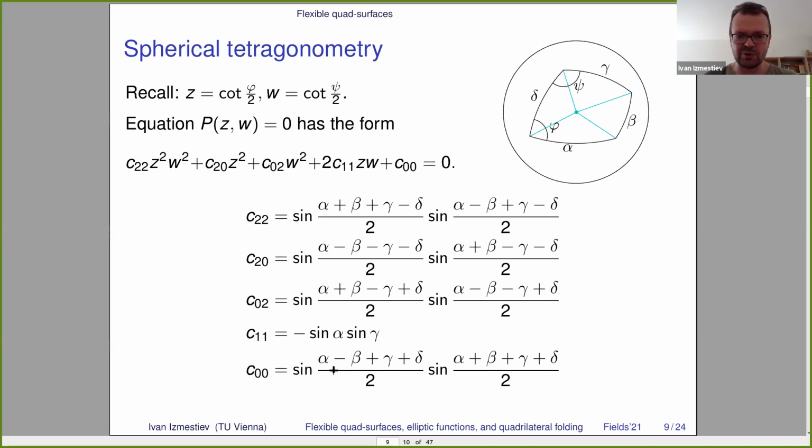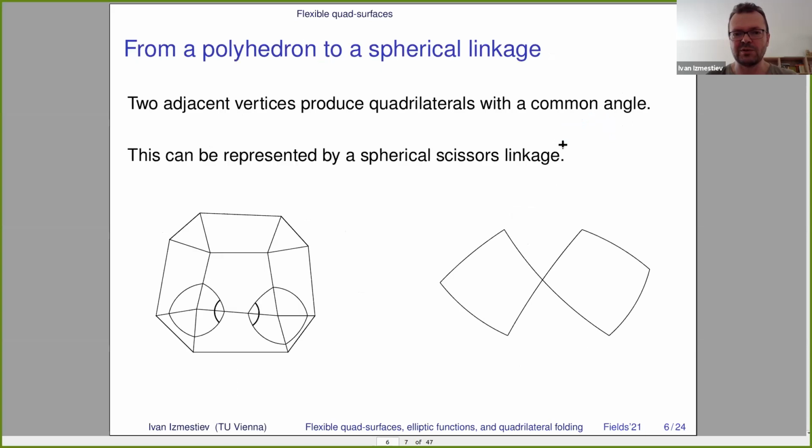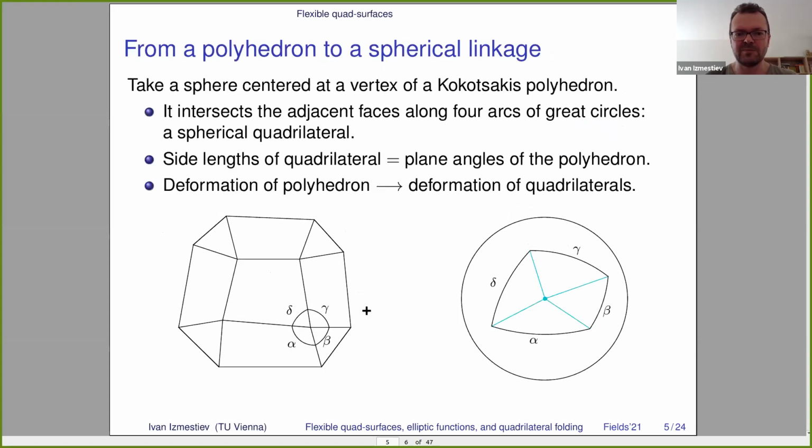As you can see, there are all possible combinations of plus and minus signs before beta, gamma, and delta. It also means that if your quadrilateral is somehow special, for example, alpha plus beta plus gamma plus delta is equal to 2 pi, then the corresponding vertex is intrinsically flat, because alpha, beta, gamma, and delta are these angles.